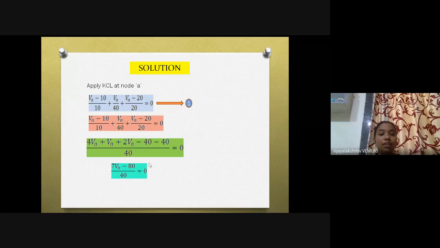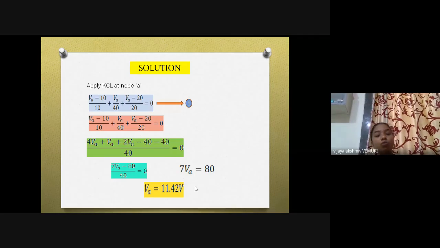So 4 plus 1 is 5, plus 2 is 7 VA minus 80 divided by 40 is equal to 0. Simplifying again, 7 VA is equal to 80. So I got VA equal to 80 by 7, which is 11.42 volts.